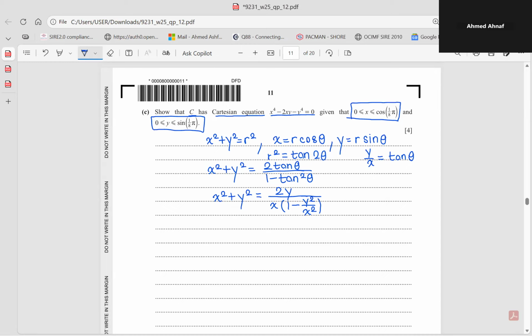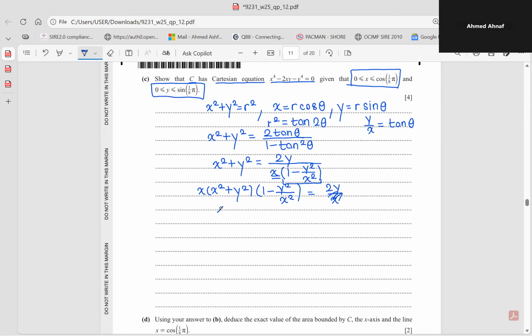So let's multiply both sides by this. This would be x squared plus y squared times 1 minus y squared over x squared equals 2y over x. Let's also multiply by x, but we'll expand the x later.